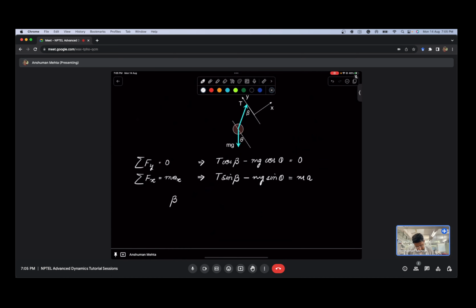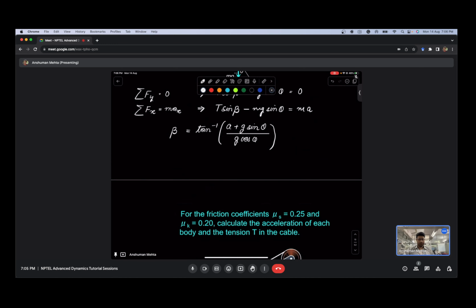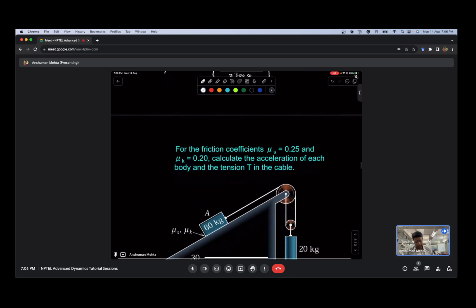So we can find beta using these two relations. We can divide the equations and easily find this beta angle. So this completes our question number 4. Now coming to question number 5.